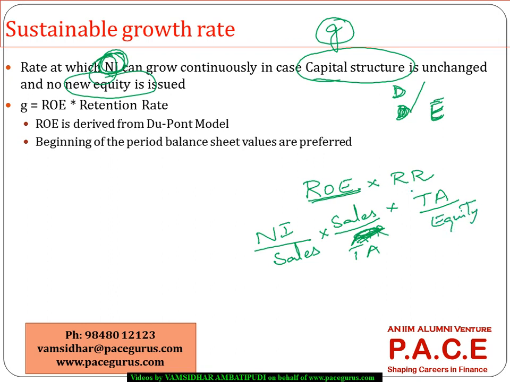This is your return on equity coming from the DuPont model, multiplied by 1 minus the payout ratio.